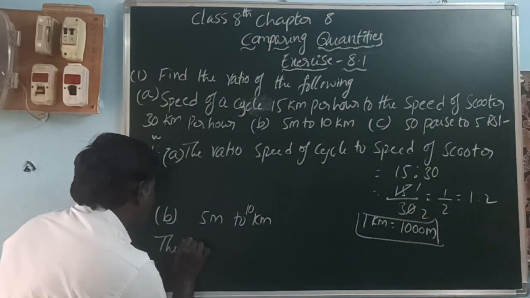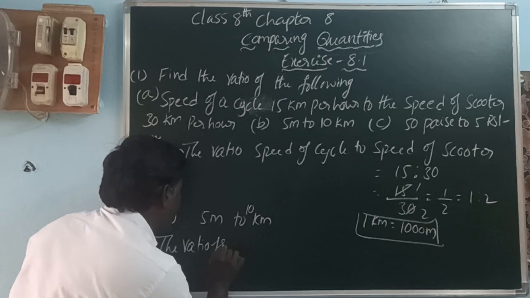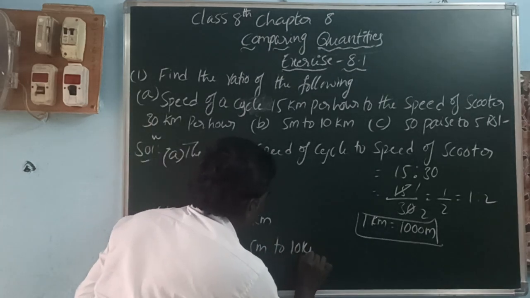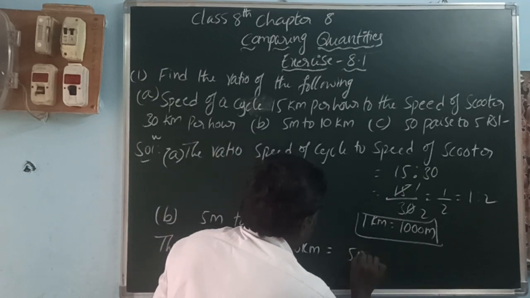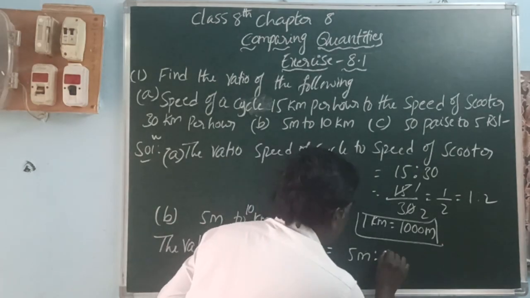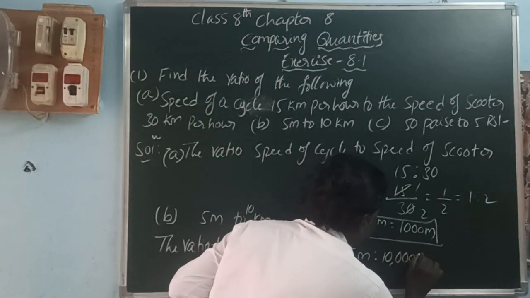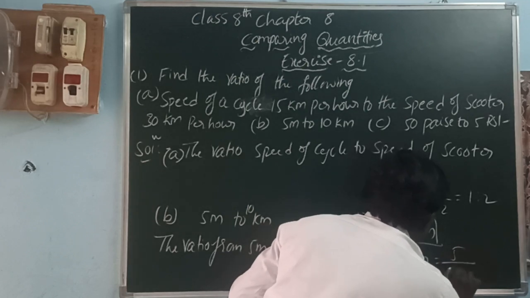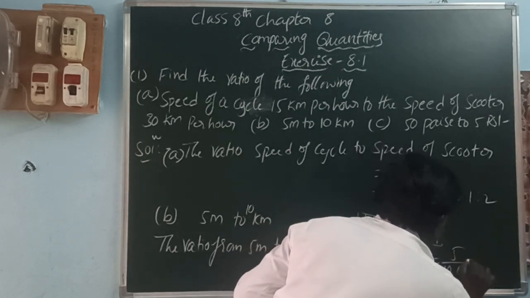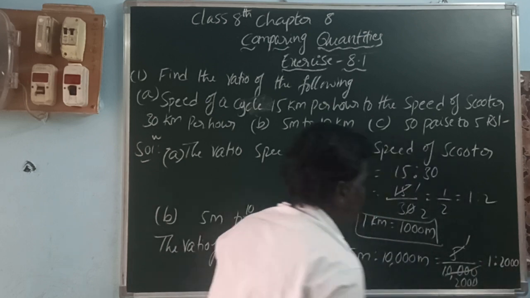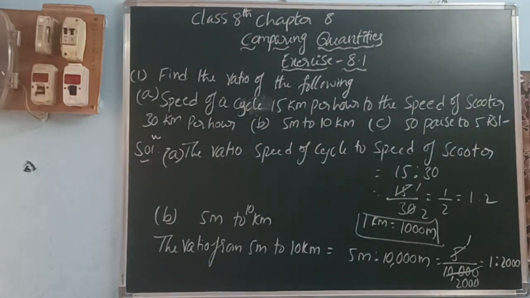So the ratio is 5 meters to 10,000 meters. Ratio is division, that is 5 by 10,000. 5 ones are 5, 5 two thousands are 10,000, so it is 1 is to 2000.